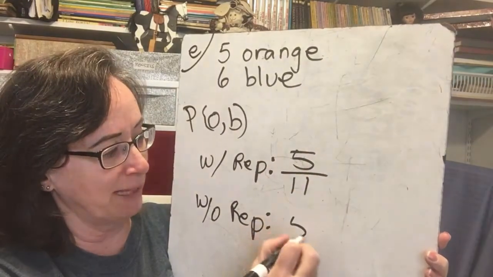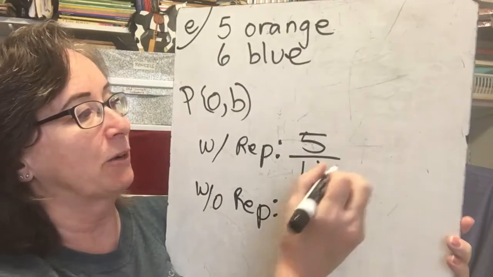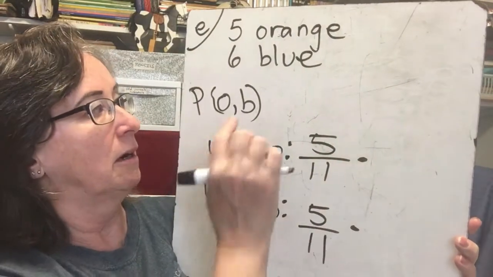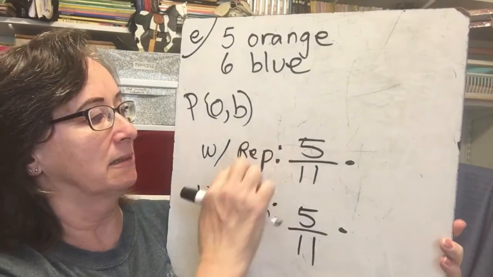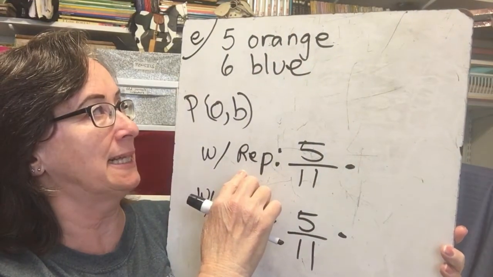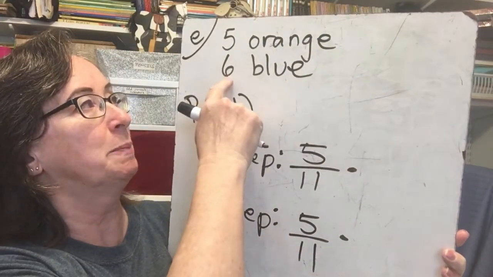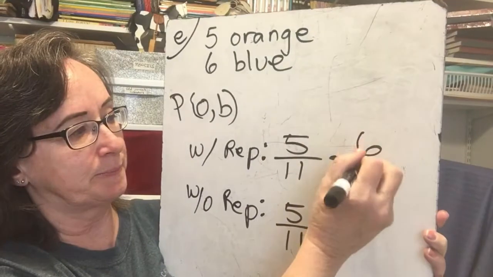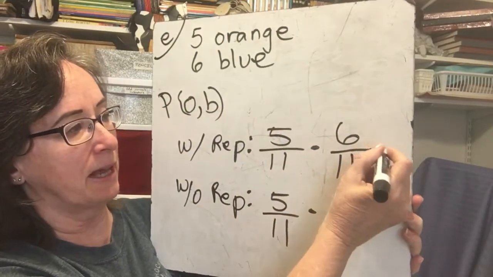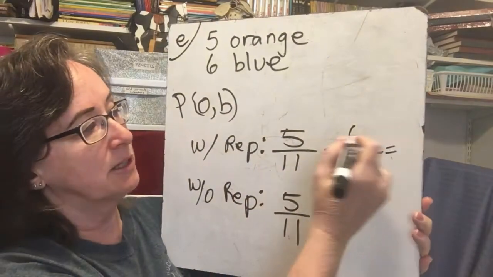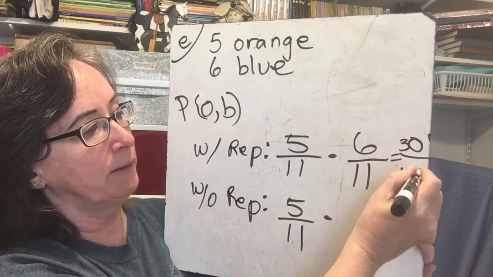Now I'm going to throw that in, and I'm going to replace it. And then I'm looking for a blue. So blue would be 6 out of 11. So I'm done with the first one. There's nothing that can simplify. So it would be 30 over 121.